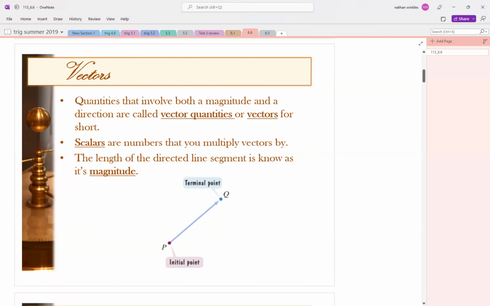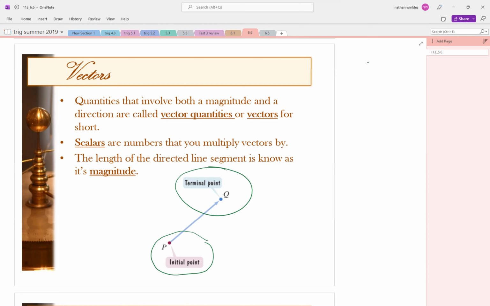Quantities that involve both a magnitude and a direction are called vector quantities, or for short, vectors. Scalars are numbers that you multiply vectors by, and the length of the directed line segment is known as its magnitude. In all cases, we identify the initial point and the terminal point, so we know where we started and where we end.